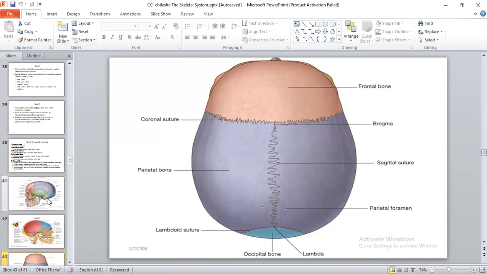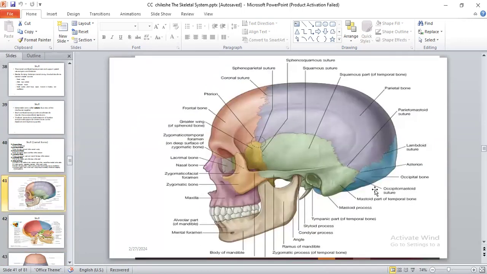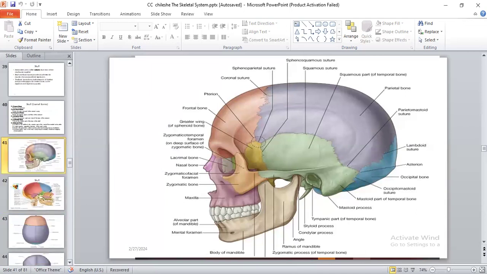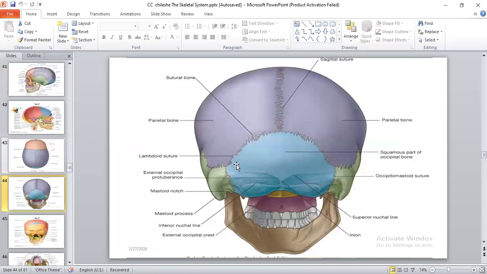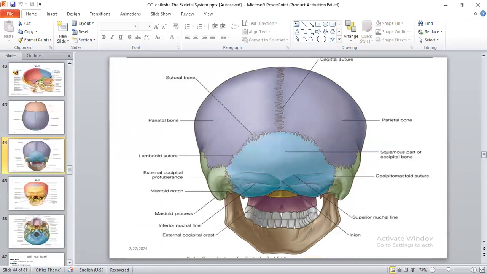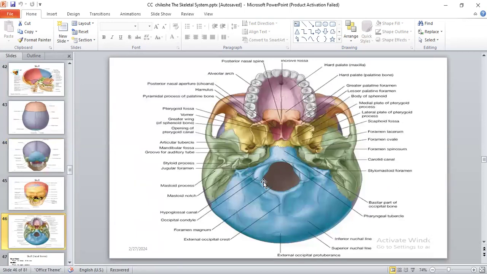They are paired. The other bone that you may be interested in is this single bone at the back. This is known as the occipital bone, the occiput. This is where you are going to find the foramen through which the spinal cord moves from the cranial cavity into the vertebral cavity.